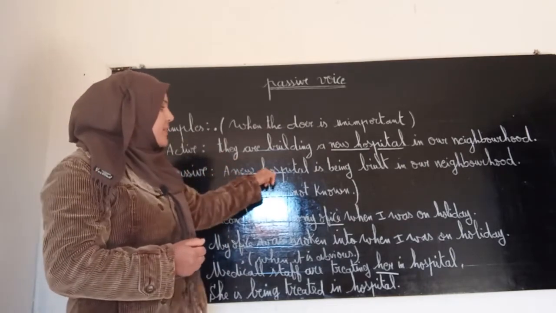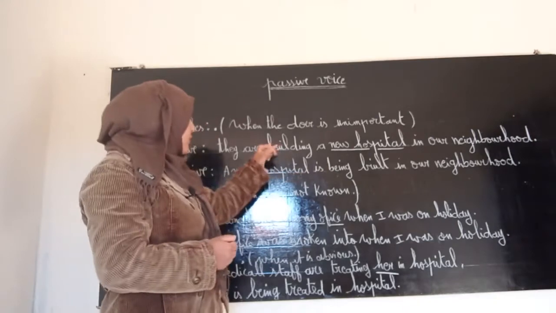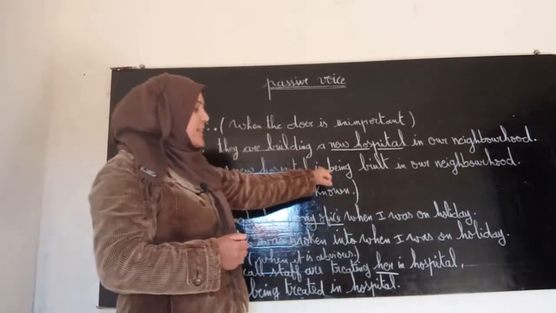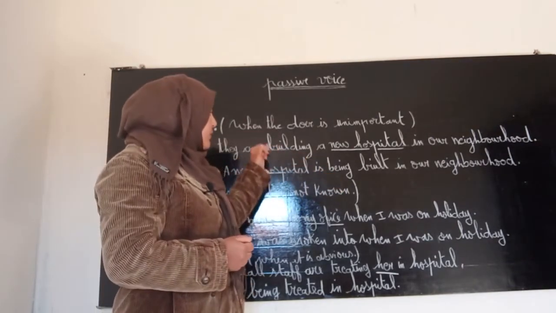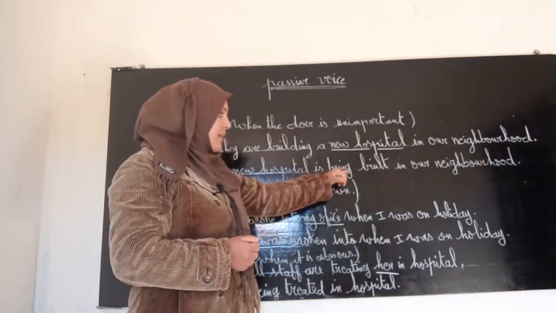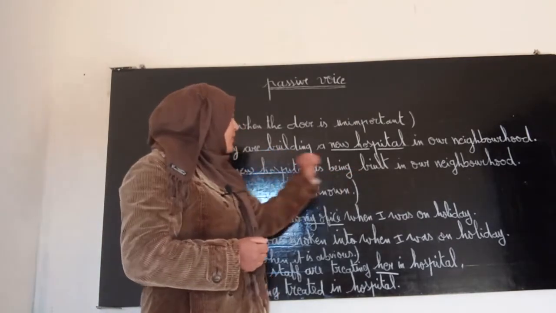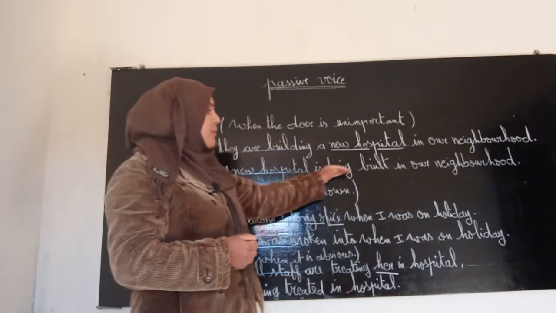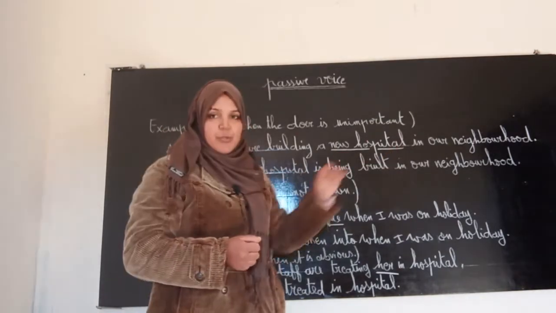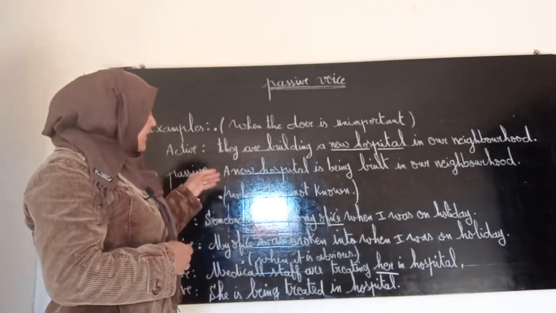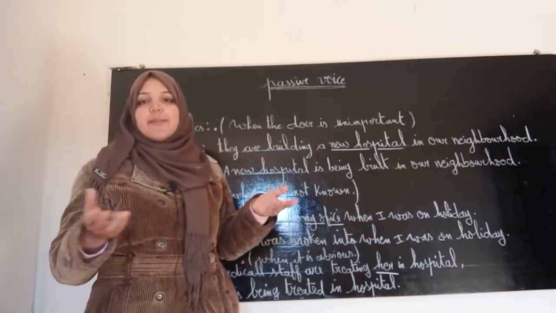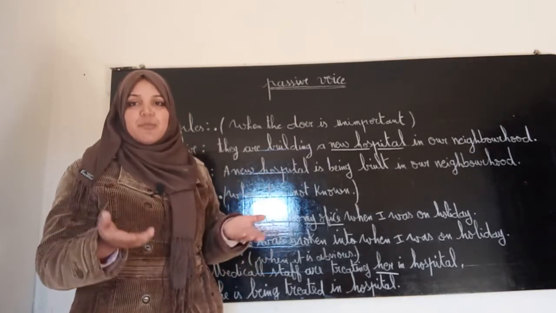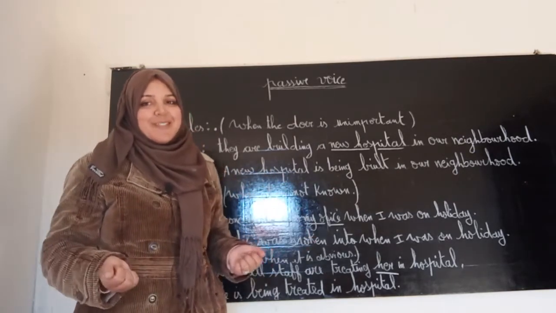A new hospital is being, and the verb here changes to past participle. So building becomes built. So a new hospital is being built in our neighborhood. Here in this sentence, we don't need to mention the doer because it is unimportant, okay?